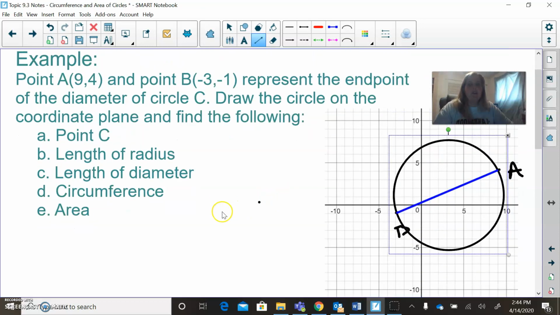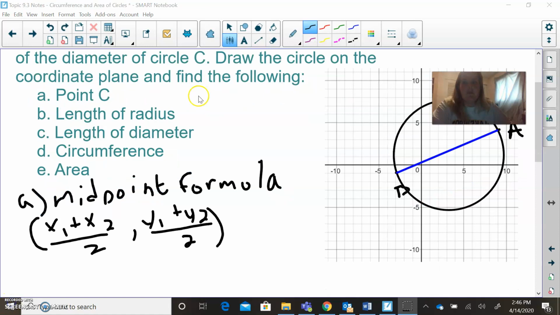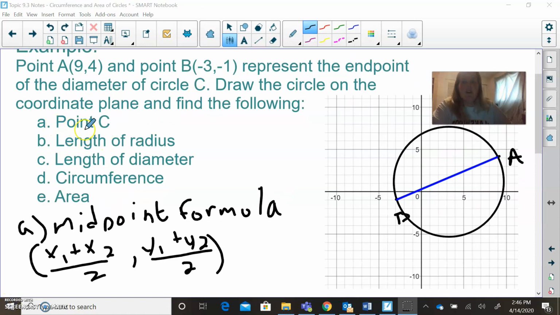We need to find the point that's in the middle, the center. The center is going to be in the middle of the diameter. So in order to find point C, we need to find the midpoint of A and B. So C is going to be in the middle of AB.